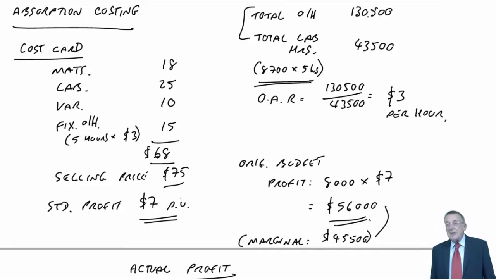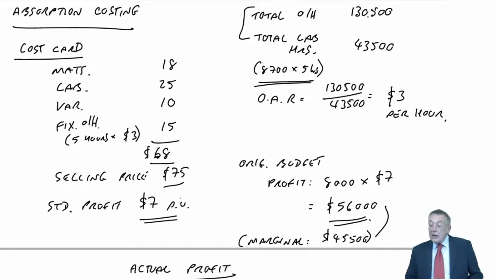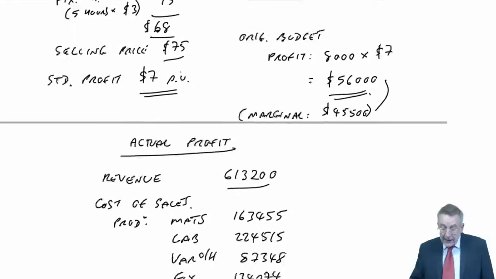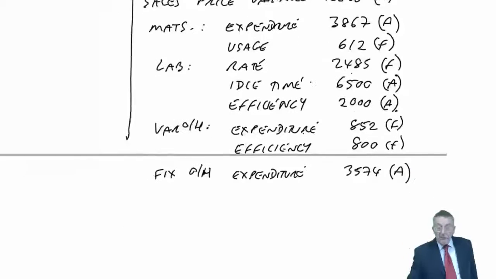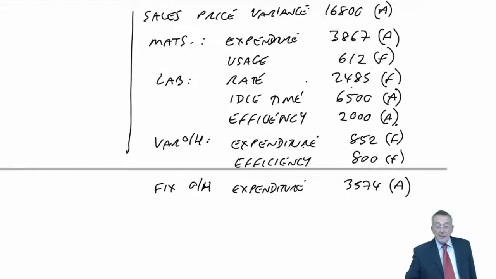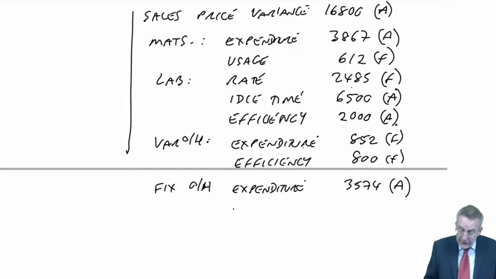Using $7 as a volume variance is assuming fixed overheads stay at $15 a unit, and as I said, effectively they don't. And so I hope that made some sort of sense, but this one really you're going to have to learn. But to correct it, to allow for that, we've got an extra variance, and it's called the volume variance.